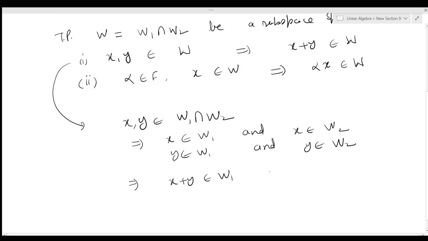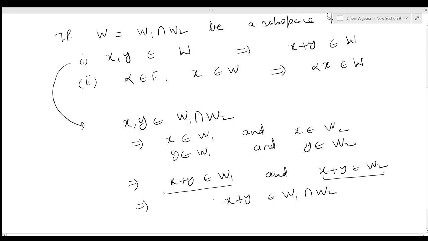And as x, y belong to W2, W2 is a subspace, so their addition also belongs to W2. So now x plus y belongs to W1, x plus y belongs to W2. So we can write this as x plus y belongs to W1 intersection W2. So hence proved the first part.